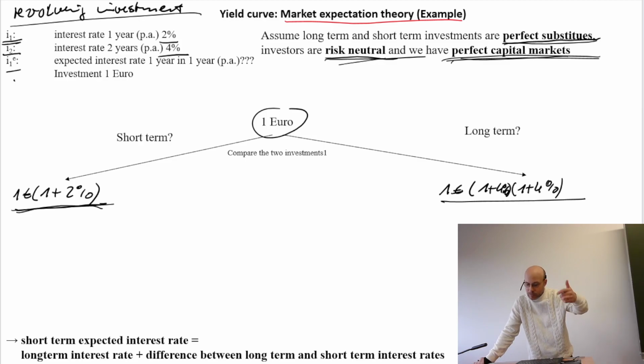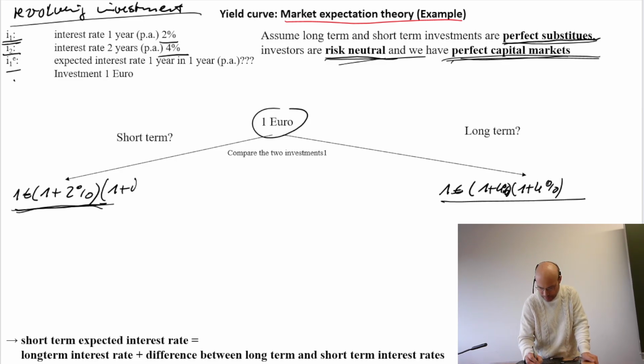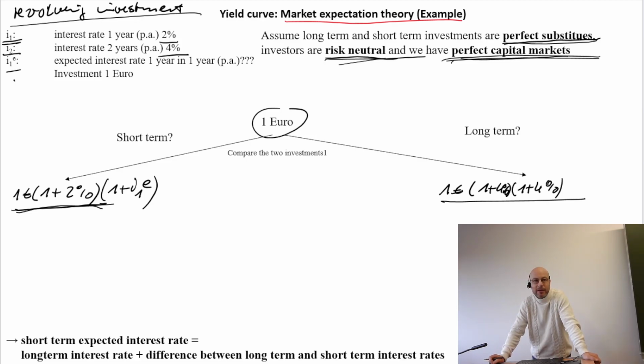In order to compare, I make some expectations about the short-term interest rate tomorrow. And I know I can invest my money in 1 year with this expected rate, so I multiply this with 1 plus I1E. And now I can compare these two investments.